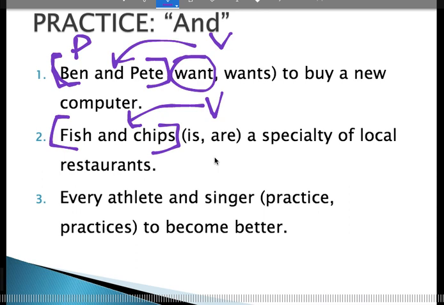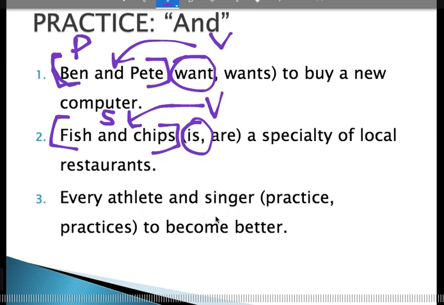Fish and chips is considered to be one singular food. It's not two different foods, it's one singular dish. So that means even though it's using and here, it's actually singular. So we need the singular verb, which is. Fish and chips is a specialty of local restaurants.